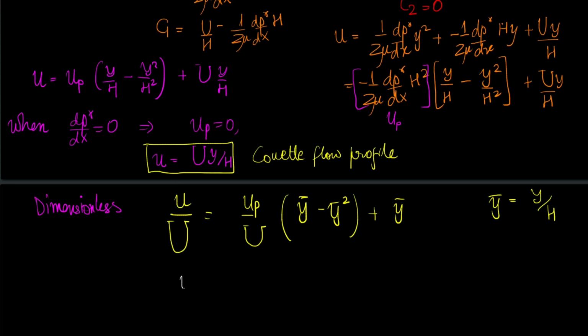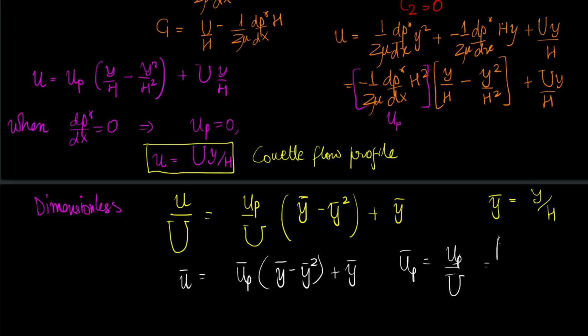So this can be written as u bar, equal to up bar times y bar minus y bar square, plus y bar. So up bar is actually up upon capital U, which is the ratio of the pressure driven component of the velocity to the Couette component of the velocity.